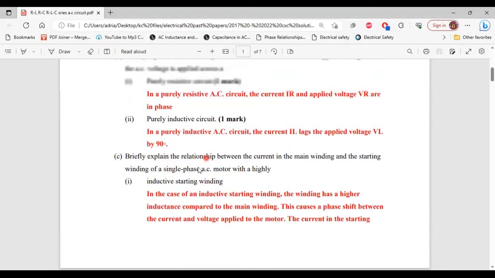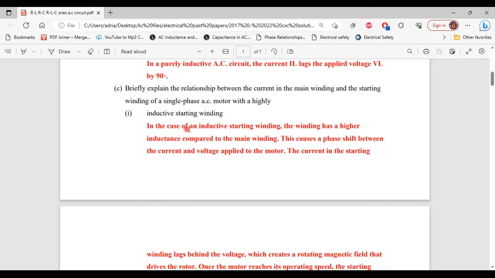For part C, it says briefly explain the relationship between the current in the main winding and the starting winding of a single-phase AC motor with a highly inductive starting winding. So that's for part 1. In the case of an inductive starting winding, the winding has a higher inductance compared to the main winding.